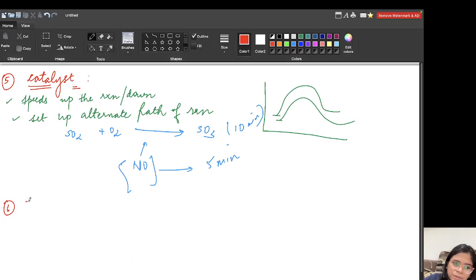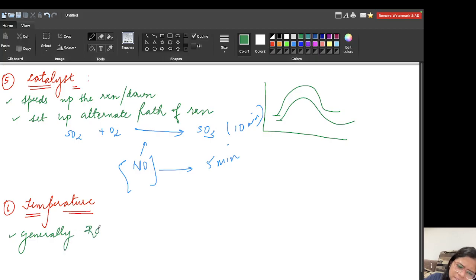Next is your temperature. What happens generally is that in maximum cases the rate of the reaction will increase as temperature increases.